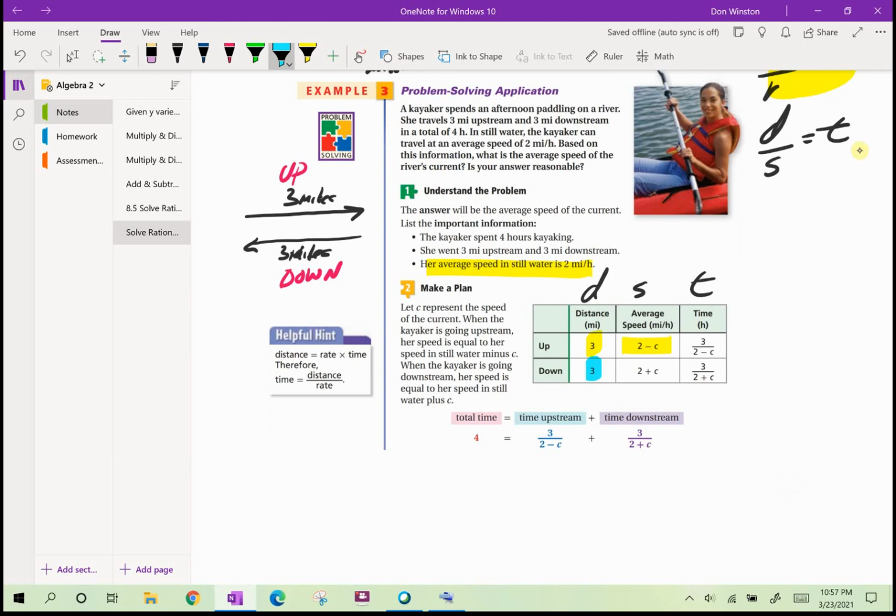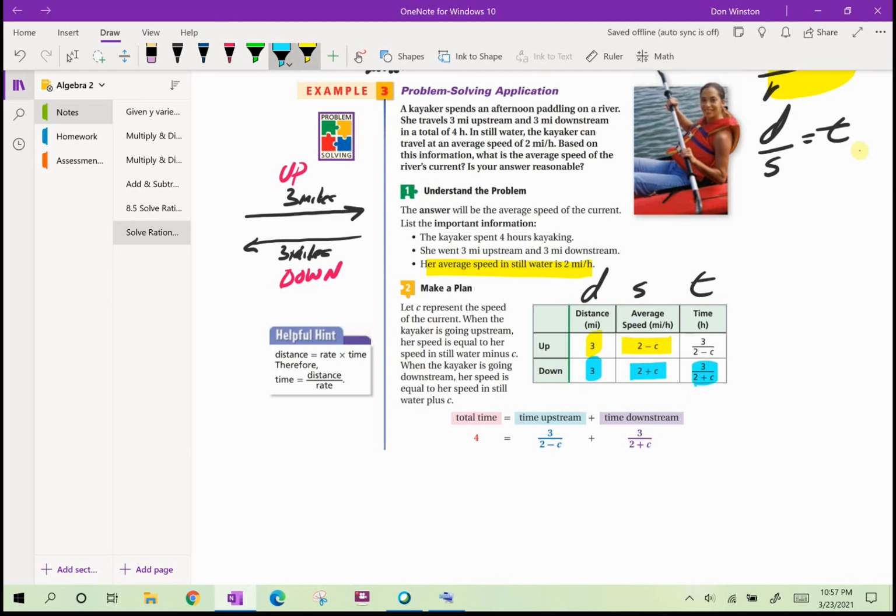So her rate should increase because she's traveling with the current, and it is going to be represented as 2 plus c. And then the time she spent traveling downstream will be, again, d divided by s equals t, so 3 divided by 2 plus c.